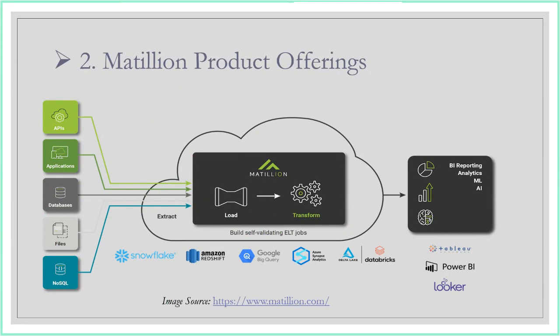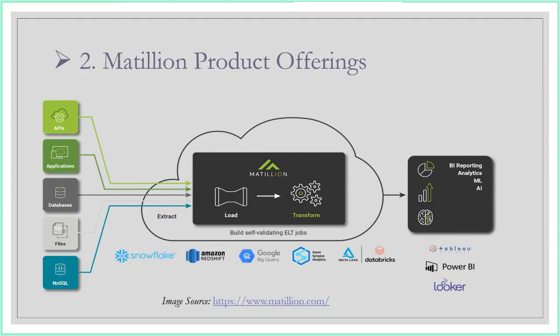We can launch it in Delta Lake and Databricks as well. So irrespective of, let's say, if an organization has AWS as their cloud provider, they can launch Matillion for Snowflake in AWS, and even Matillion for Snowflake can be launched in GCP as well.